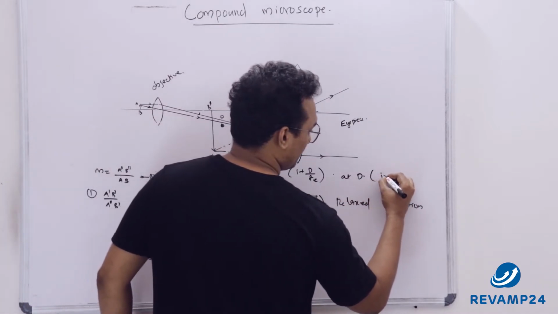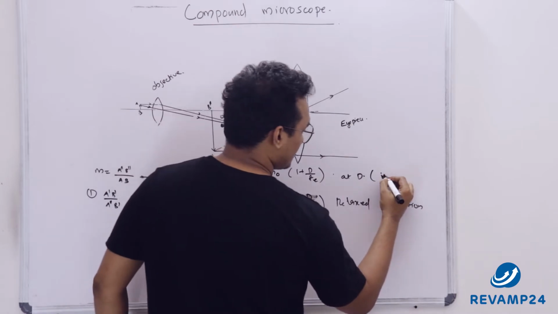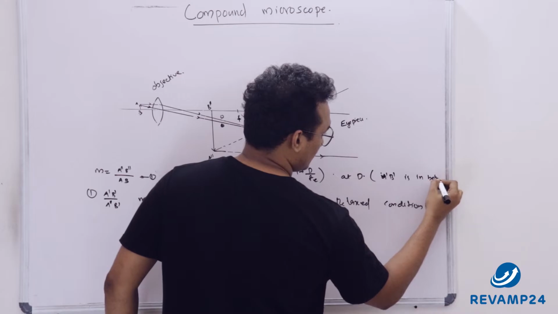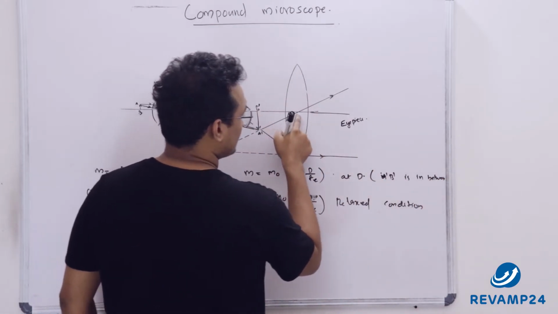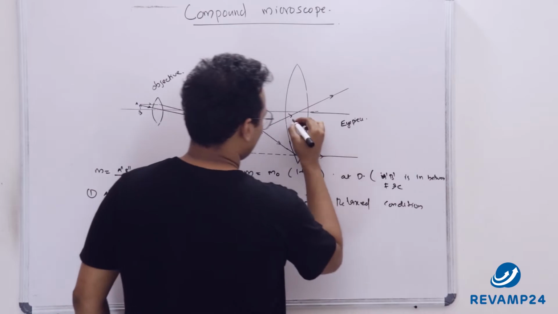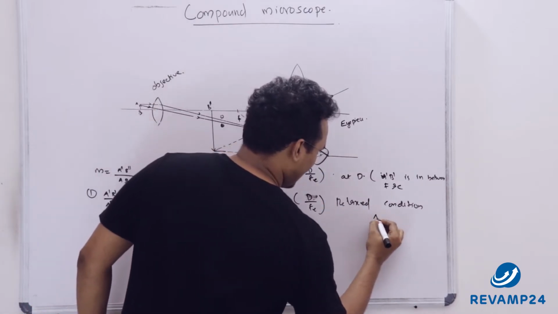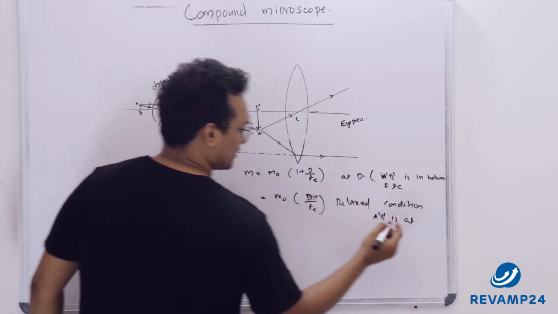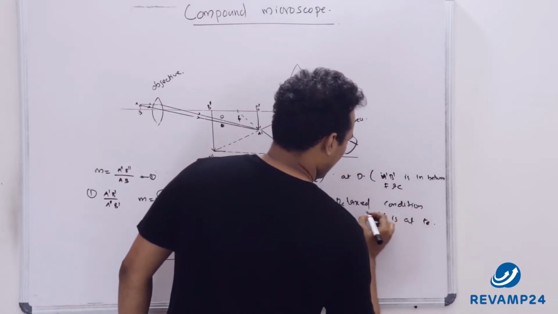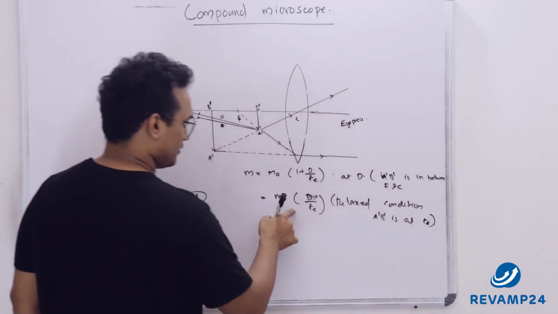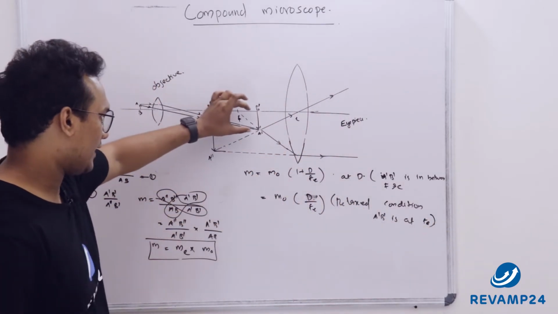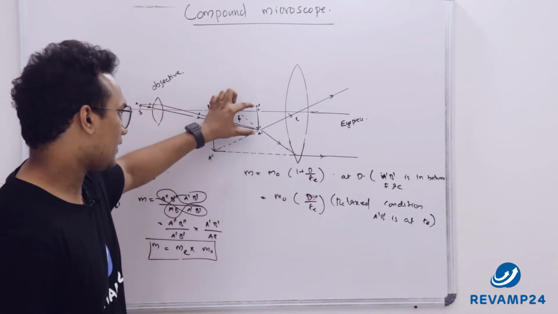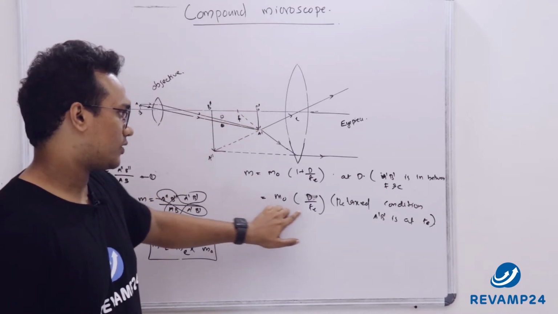So here the image, or I can say A dash B dash, is in between F and C. Now if A dash B dash is at the focal length of the eyepiece, at Fe, then I have to use this equation. So either this or this. If A dash B dash is here as shown in the picture, then this equation. If A dash B dash is here, I have to use this equation.